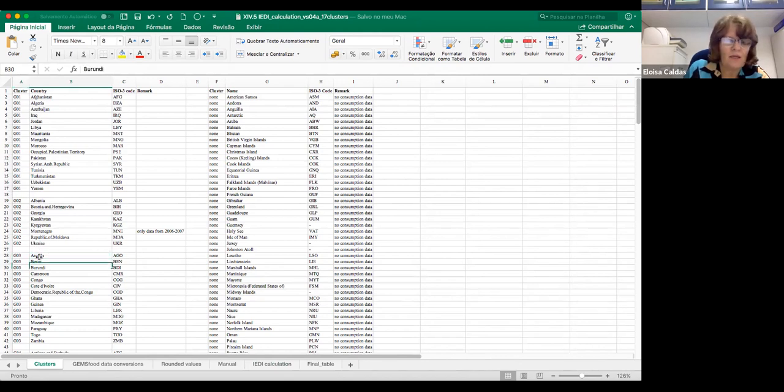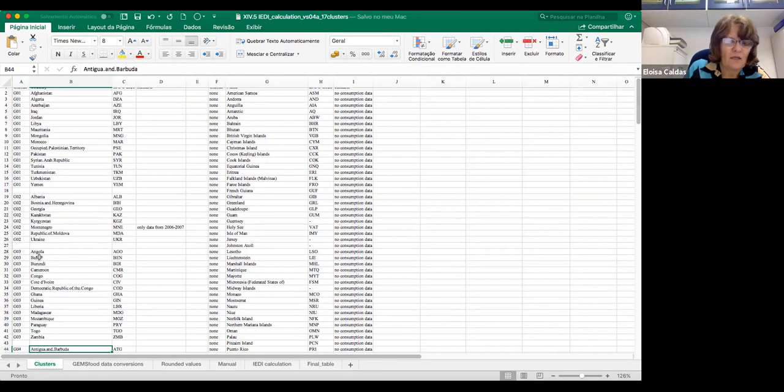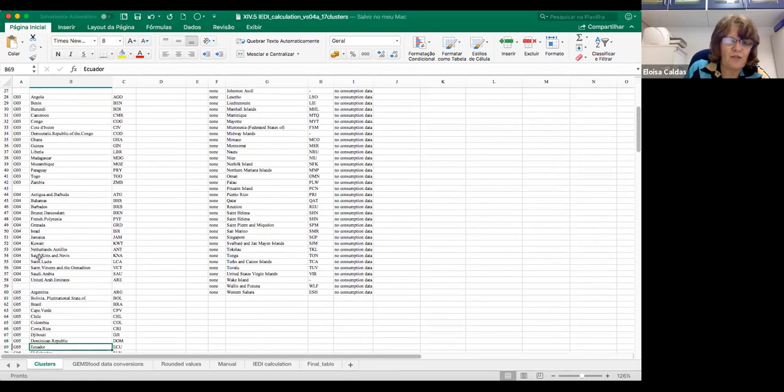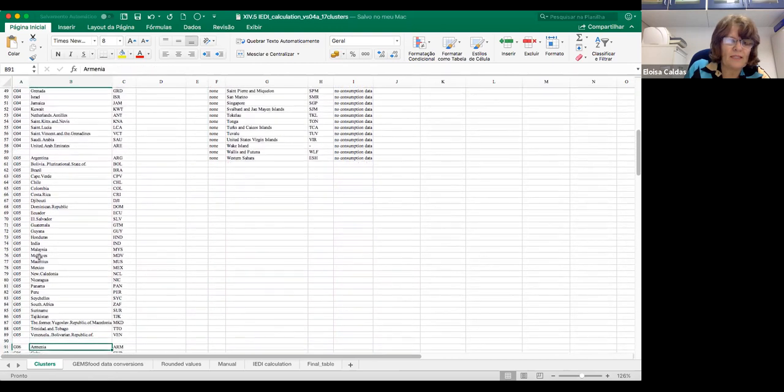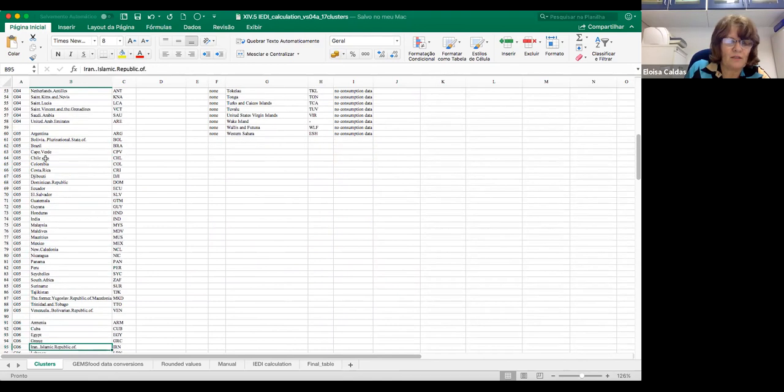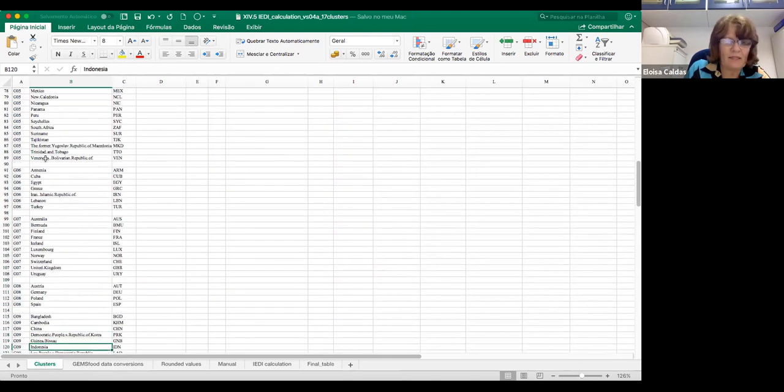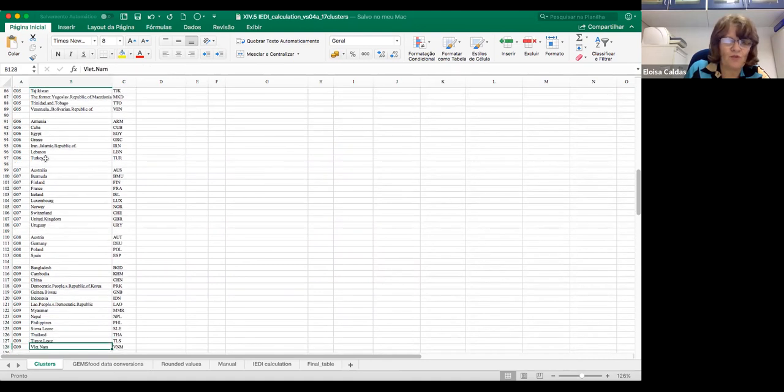Cluster 3 is in Africa. So you have all the countries here if you are curious about it. Here is our cluster in Latin America. You have all those clusters here. This template is available at the WHO website and FAO as well.